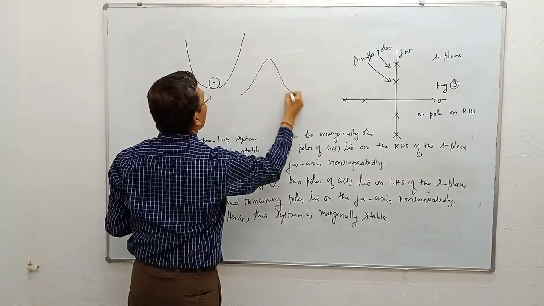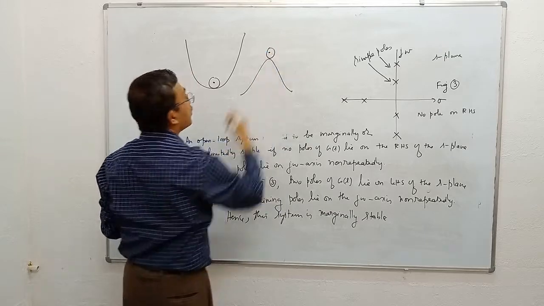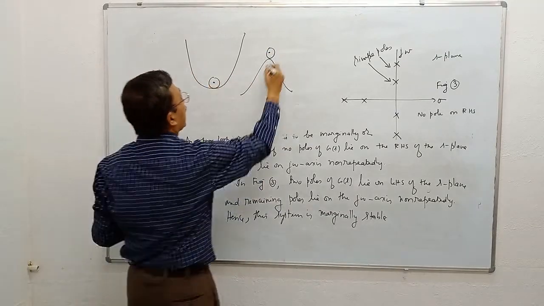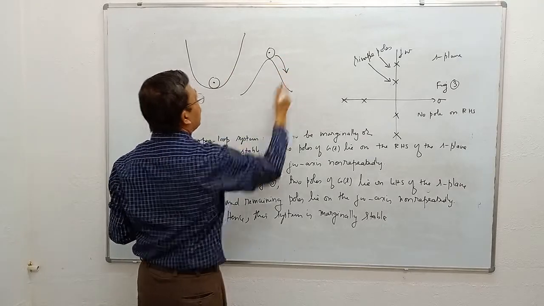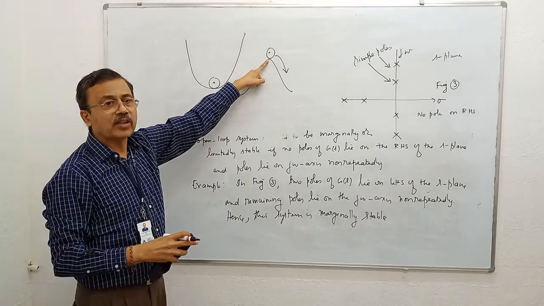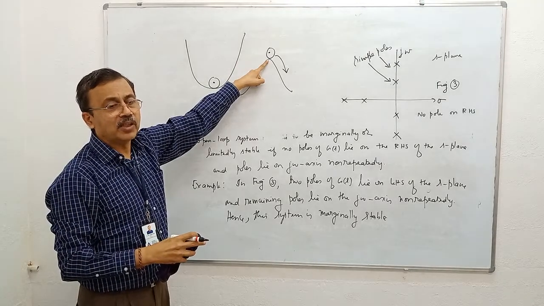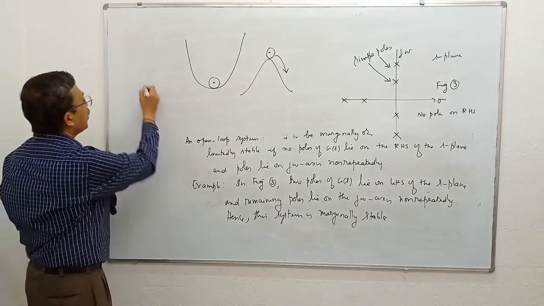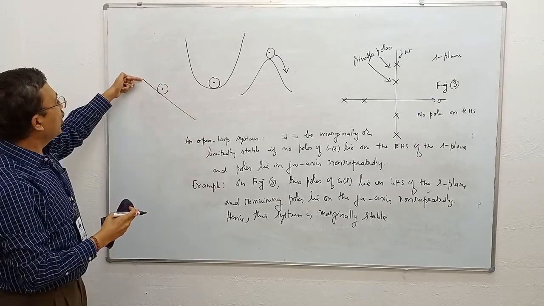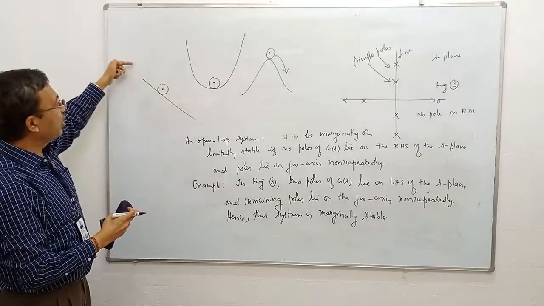If you keep the ball on this knife edge, a small disturbance can make the ball lose its equilibrium position. That means it will never come back to the original position. And this is said to be a marginally stable system. If you keep a ball on a ramp like this, the ball will never come back to the equilibrium position, it will keep on rolling.